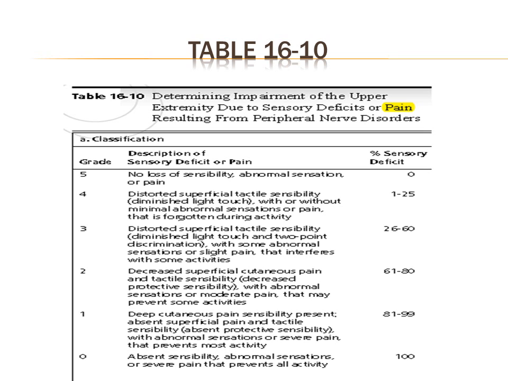Well, primarily they're involved with ambulation, for example. And so if ambulation is prevented, we would certainly expect to see probably some type of an assistive device, maybe crutches, maybe even a wheelchair. So that's a little bit of insight as to how to look at Table 16-10.